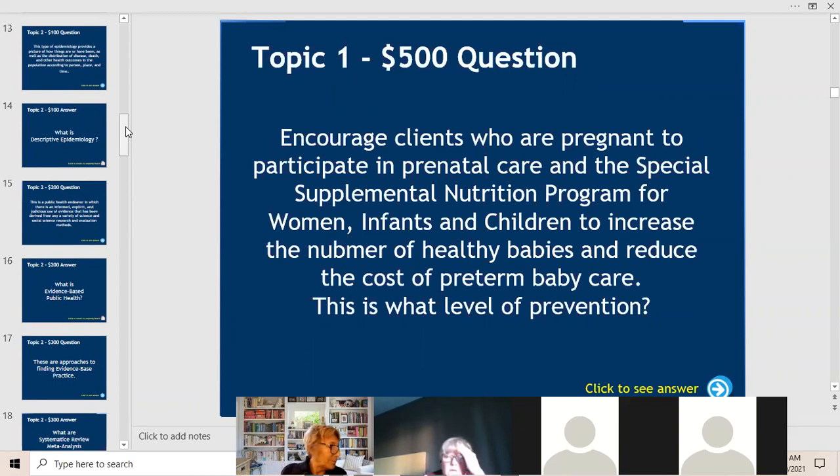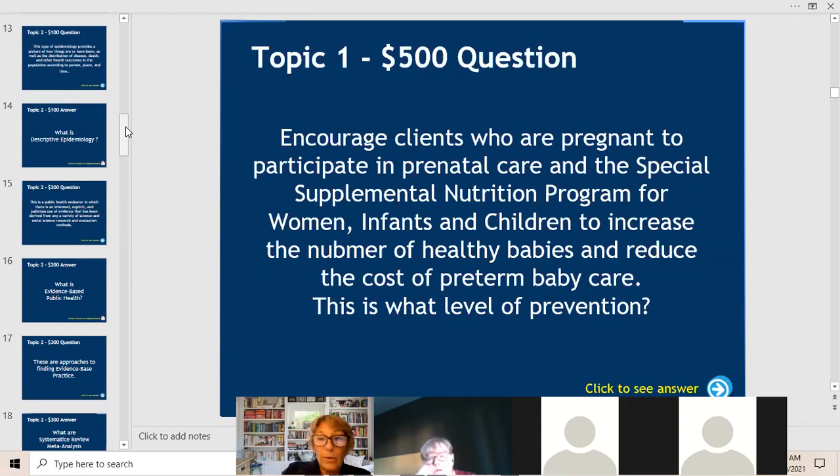What is primary prevention? Isn't that the first one? Yes, but we have identified a group who potentially would need some community resources such as WIC, so early identification, early intervention. Oh, so it's secondary. Why is it secondary, if you don't mind me asking?